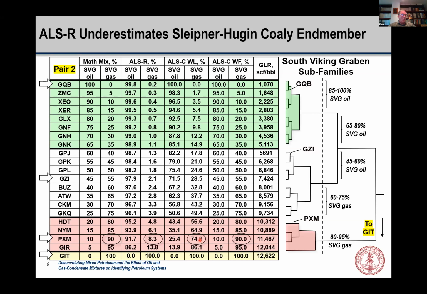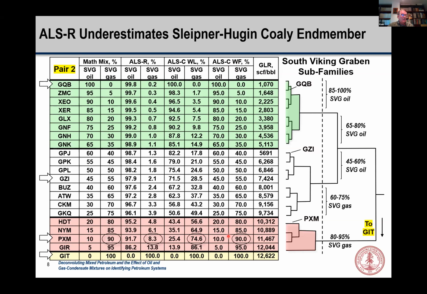You're still wrong, basically. However, if you reconstruct all the mass balance from C1 plus, and again, you can do this from the data that's available in the database, for example, the GeoMark database, and you've got a GOR from the field, you can reconstruct and do your mass balance. You get an exact answer.